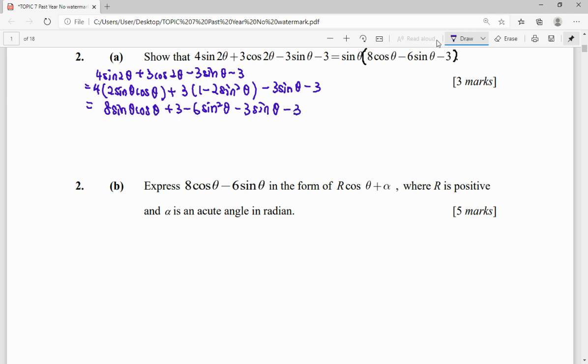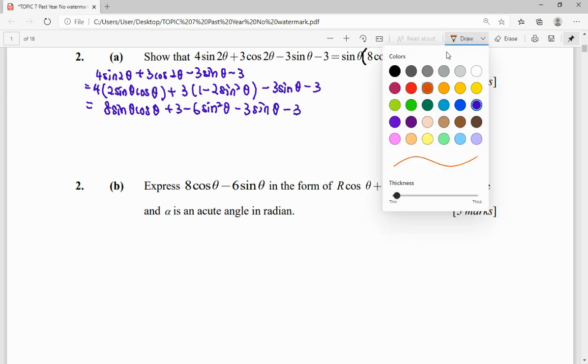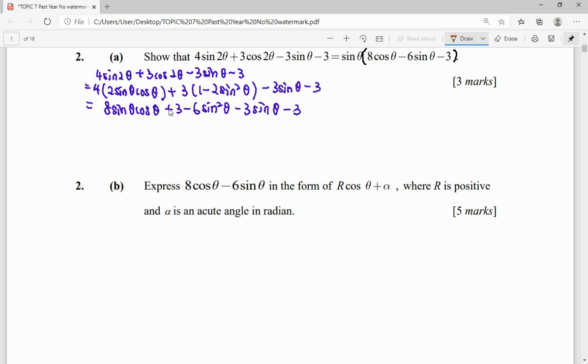So you can notice that our constant of 3 will be eliminated as 3 minus 3 will get 0, and then we can start to factorize out our sine term. So we factorize our sine theta here, and we can get 8 cos theta, and then minus 6 sine theta minus 3. So we managed to show our answer here.